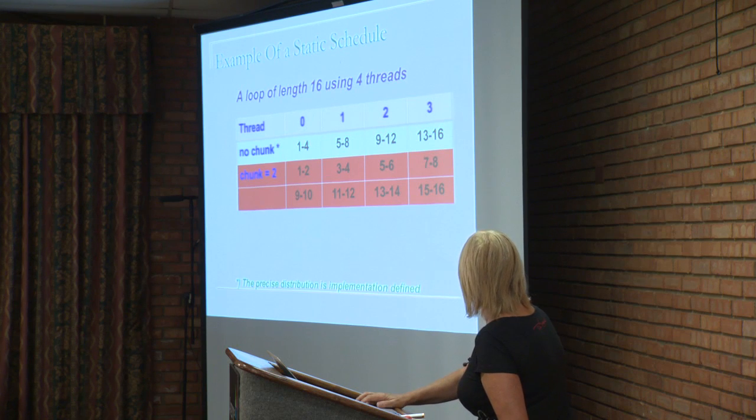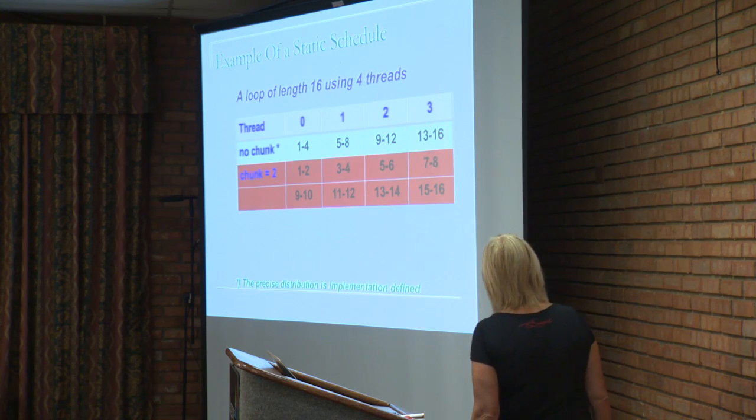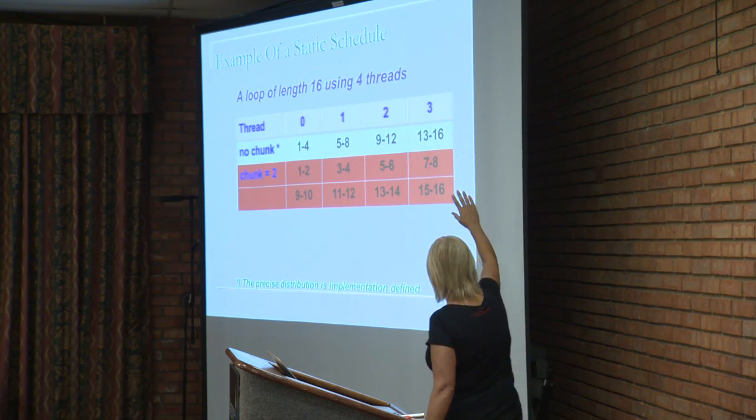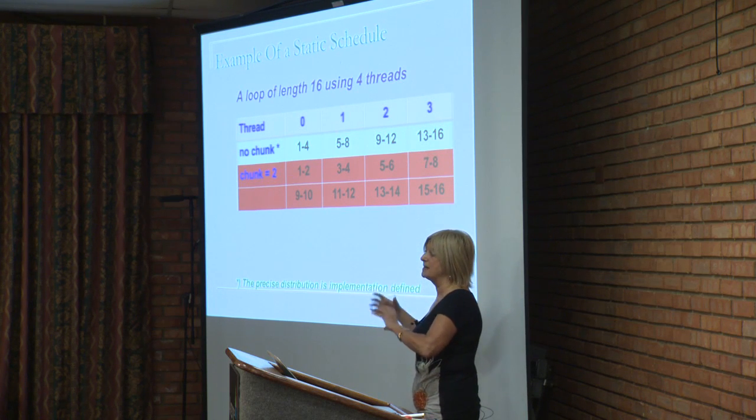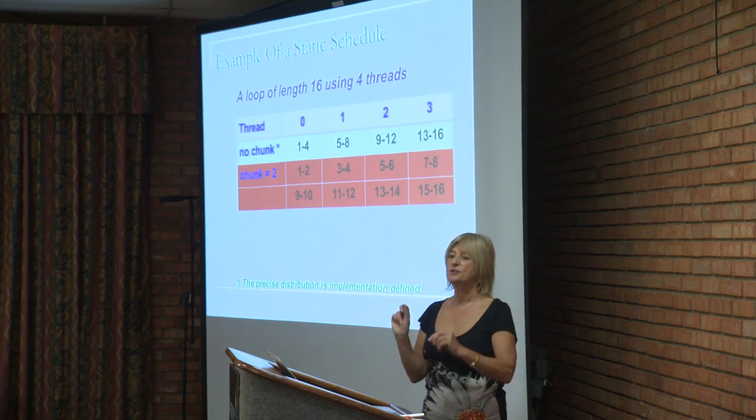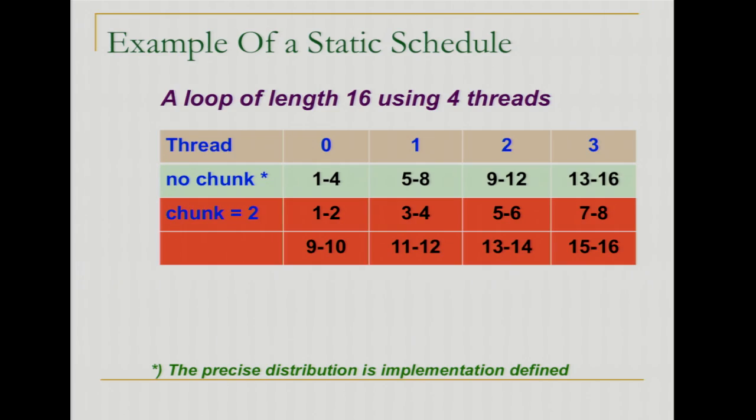Okay, so if we have a static schedule with no chunks, again, as in many other contexts, you do not want to rely on the schedule for correctness. Your program should not bomb out if the schedule isn't the one that you thought you were getting. But some of the details are left to the implementation.